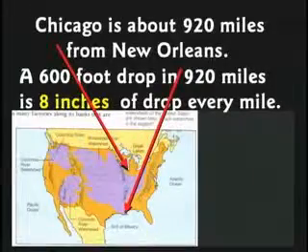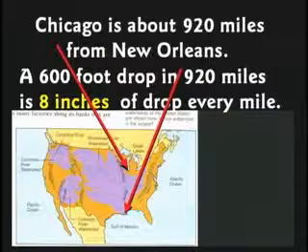Above Pensacola. Not much. Now, this 600-foot drop the Mississippi River goes through, it takes the Mississippi about 920 miles to drop from the equivalent latitude of Chicago down to New Orleans. So it's going to drop 600 feet in 920 miles. Not much.